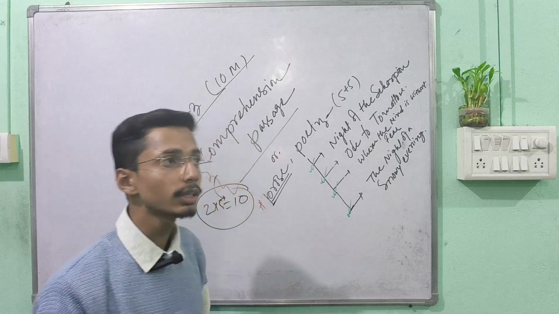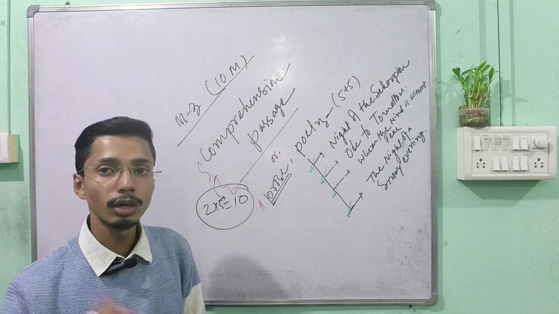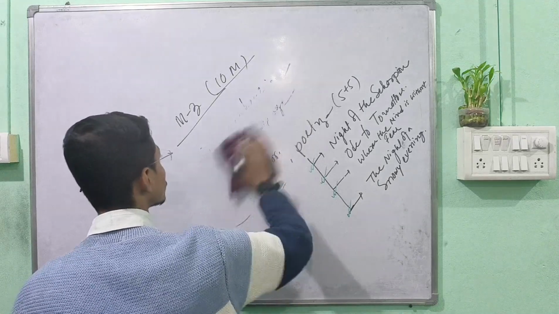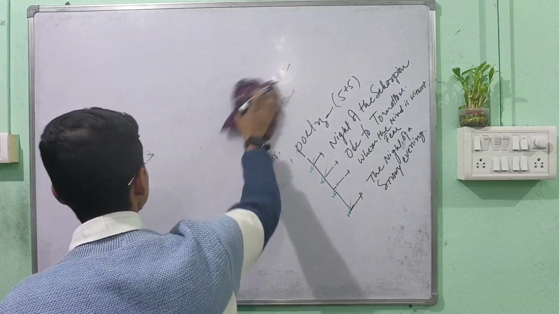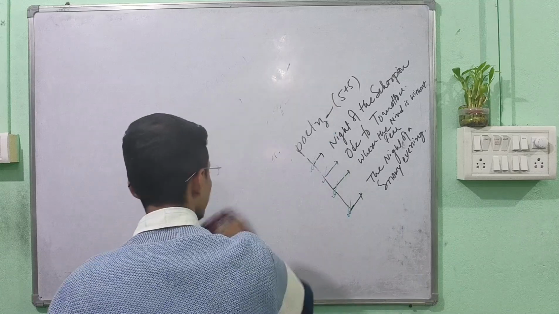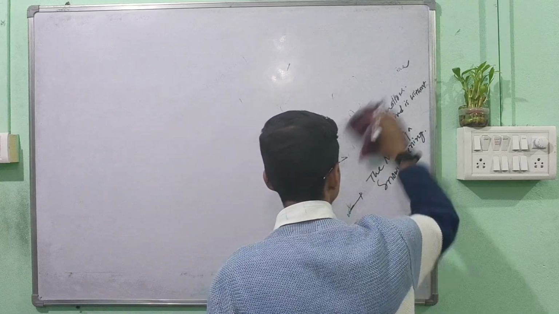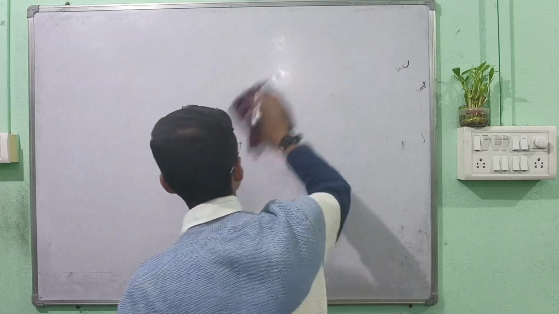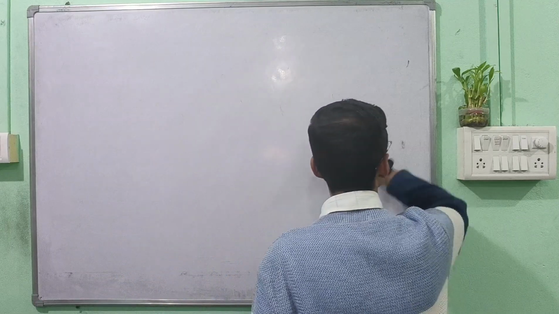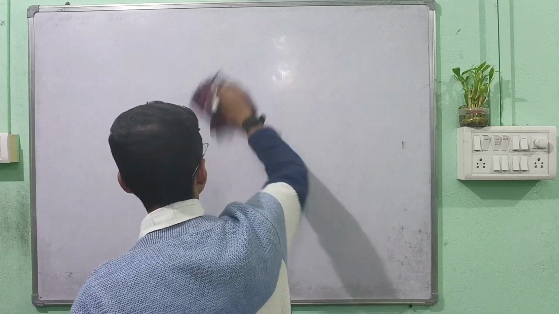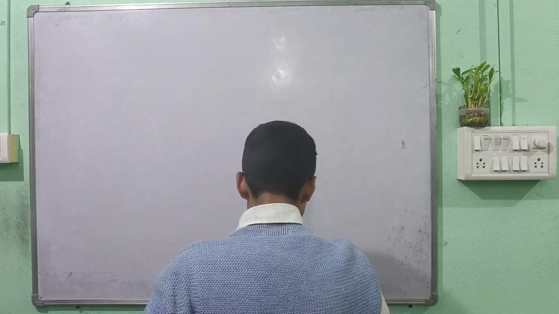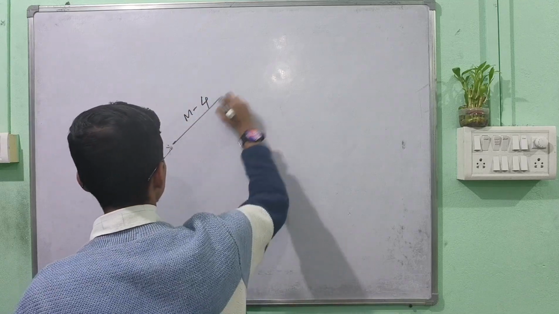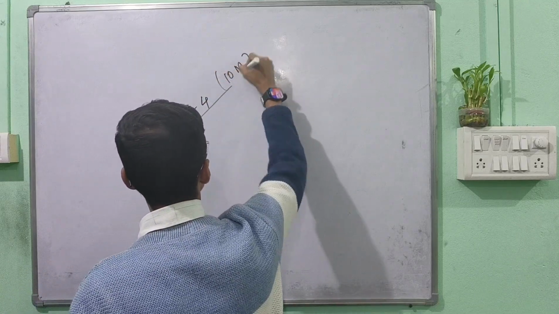Now what questions might be asked in your module 4 and module 5? Let me cover them gradually. In module 4, there are a total of 10 marks.